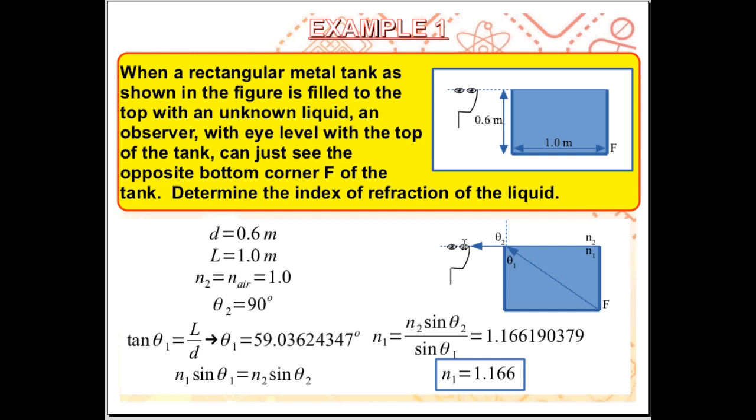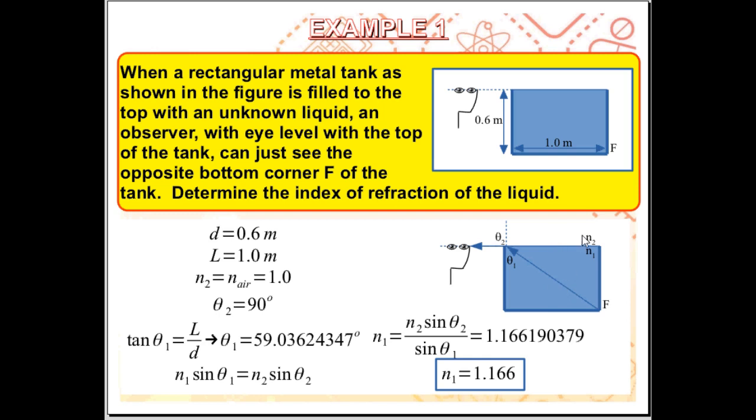And the observer is thus able to see the bottom corner F. So here we have refraction of light from one medium to the other, from the unknown liquid to the air. The unknown liquid will be our medium 1 and air will be the medium 2.